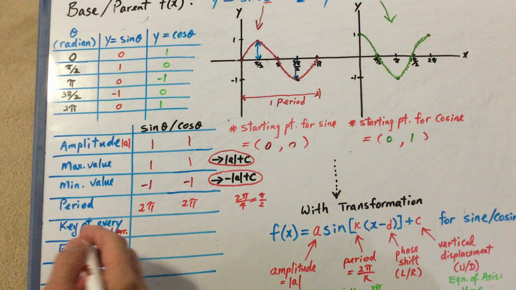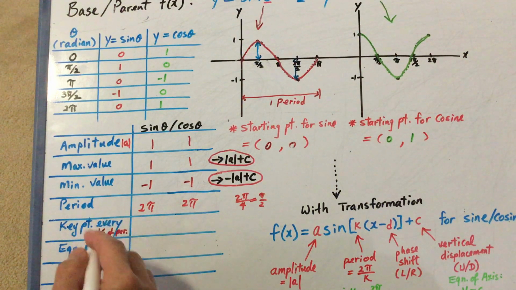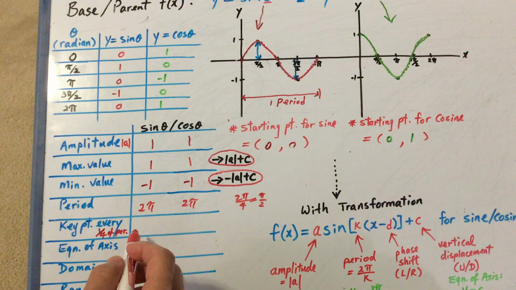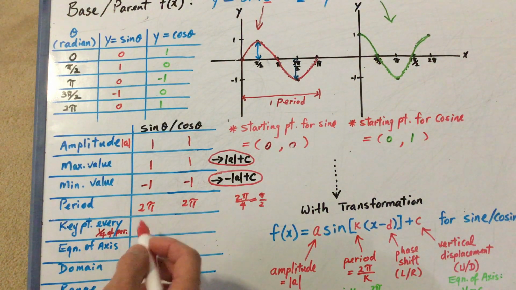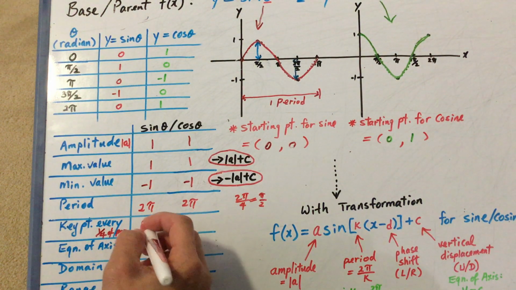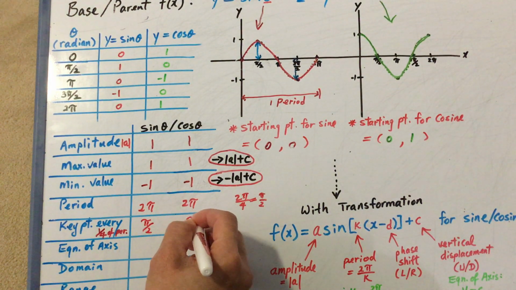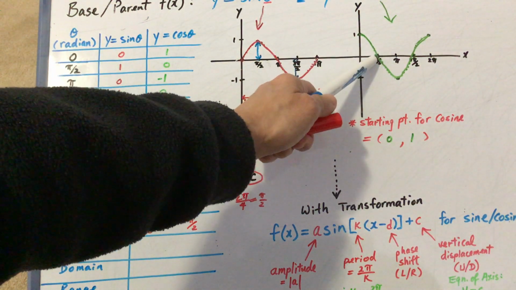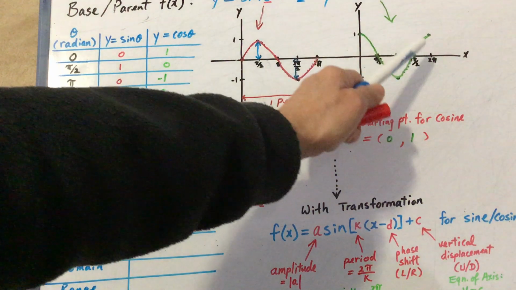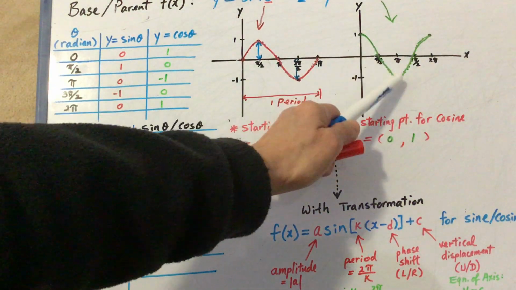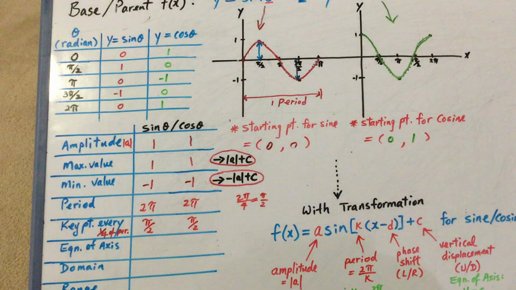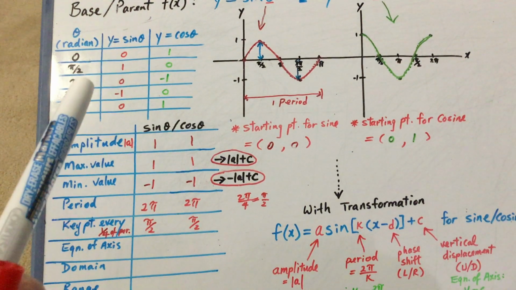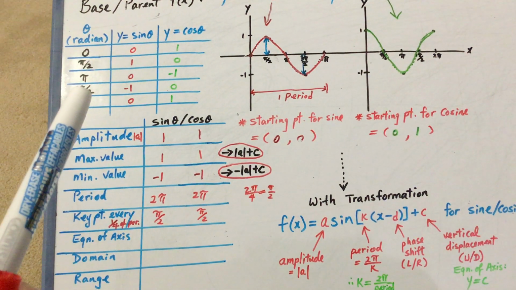This is one of the things that everybody has to keep in mind: how often, or when, the next key point is happening. It's every quarter, so it's every pi over 2 for the parent functions. Same thing for the cosine as well. Every pi over 2, you will get a key point on the graph.